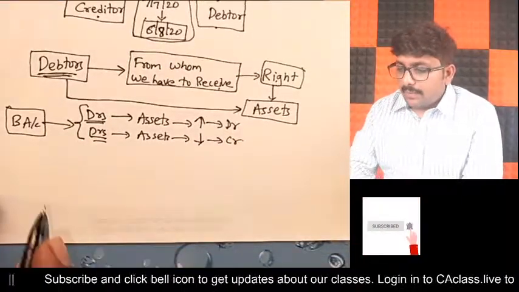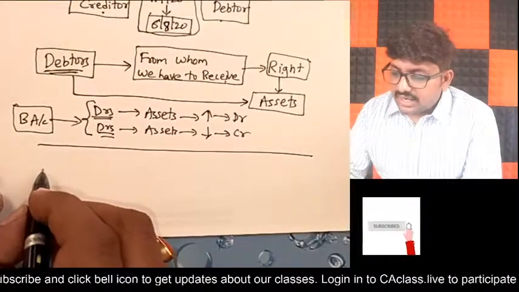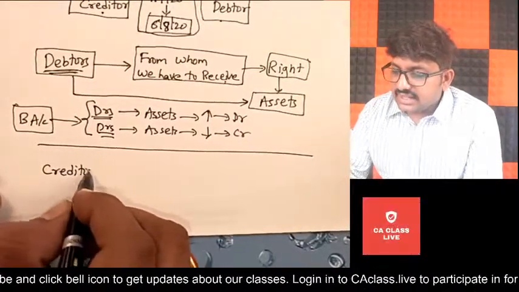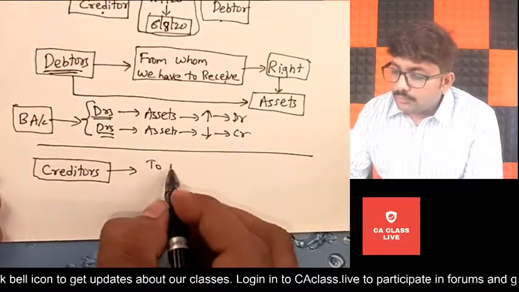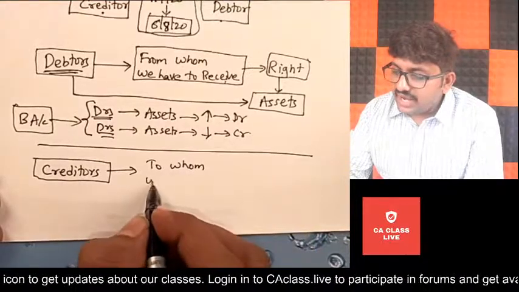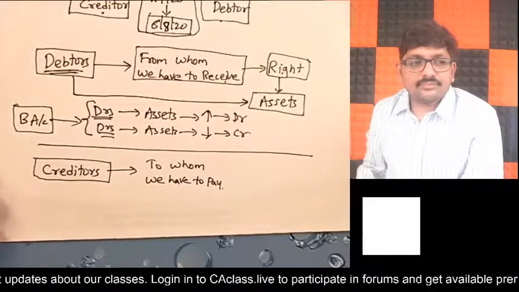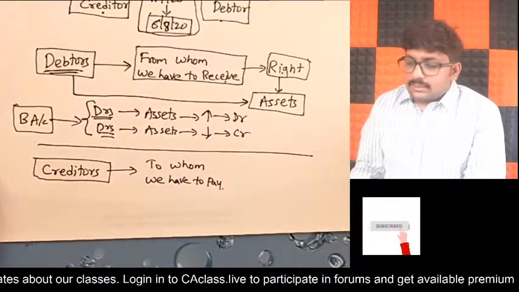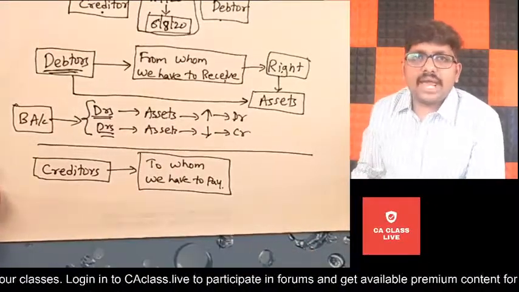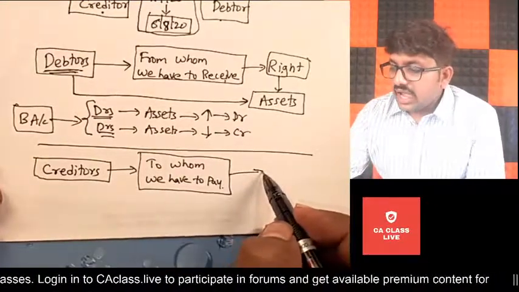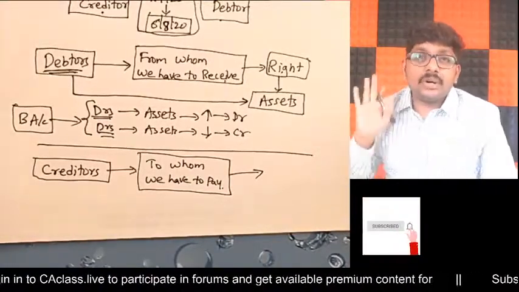Now let us understand about creditors. Who are these creditors, friends? In simple terms, creditors are those to whom we have to pay. Now, in the first class itself, I told you, wherever you have to pay, it becomes your burden to pay.